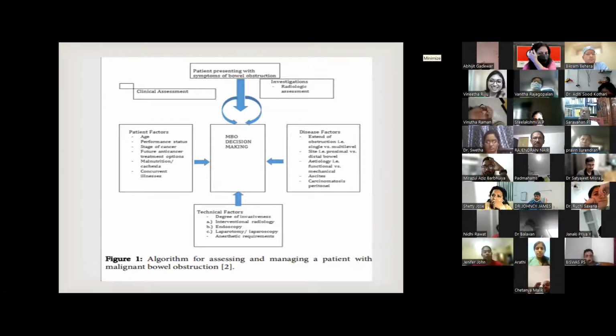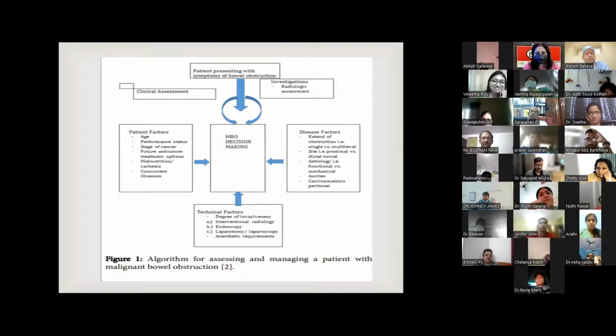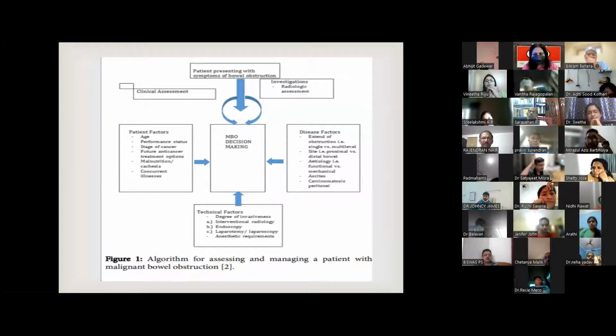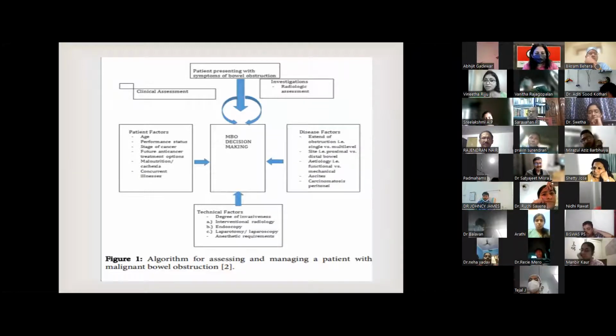Yes, by reducing edema. It helps to reduce the peritumoral edema. So you have the lumen there and you have the tumor mass over there, and it is obstructing the lumen. You might not be able to completely decrease the tumor mass, but the tumor has an edema around it.